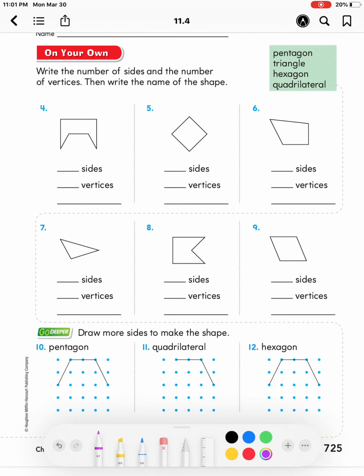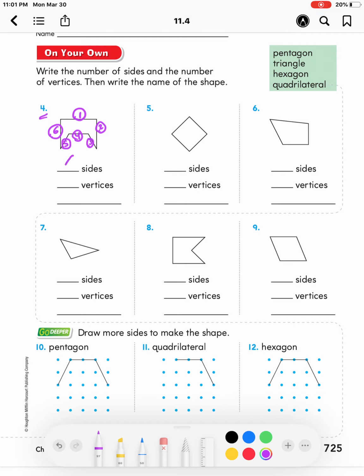Now, number 4. What is this shape? Let's count the sides first. You can identify and know the name of the shape when you know the number of the sides and the vertices. Now we have 1, 2, 3, 4, 5, 6.